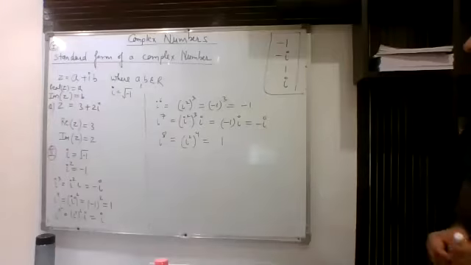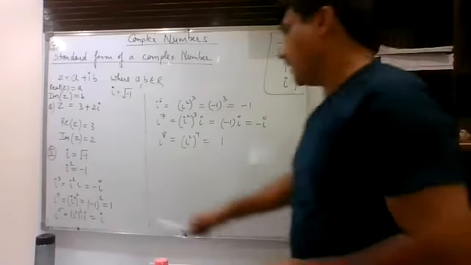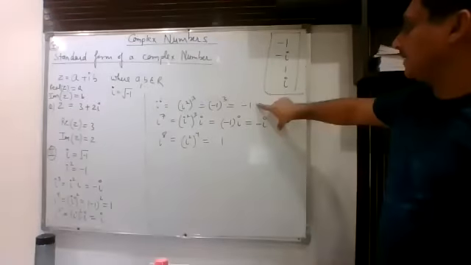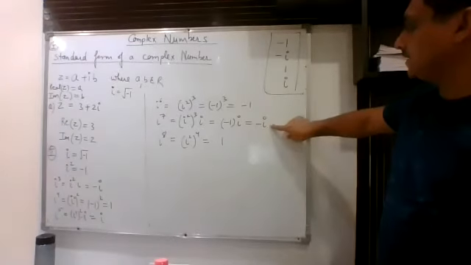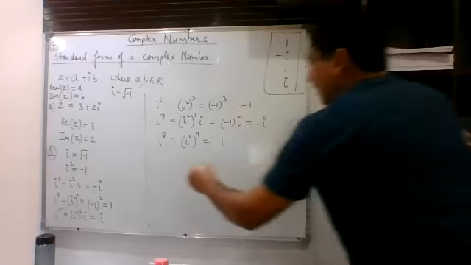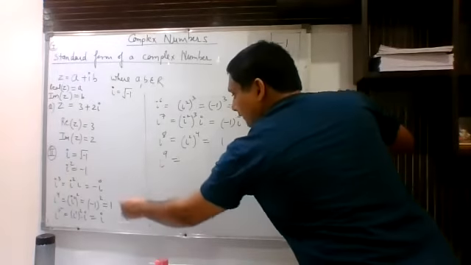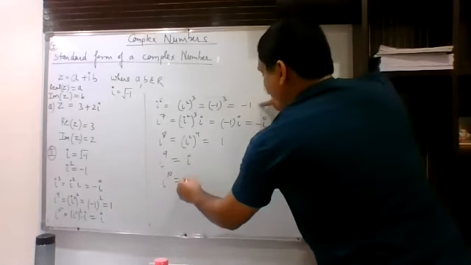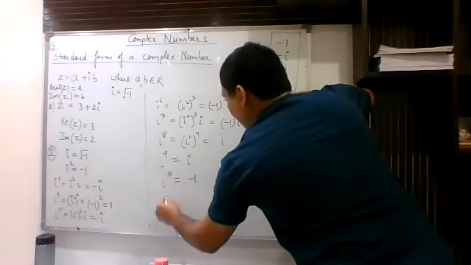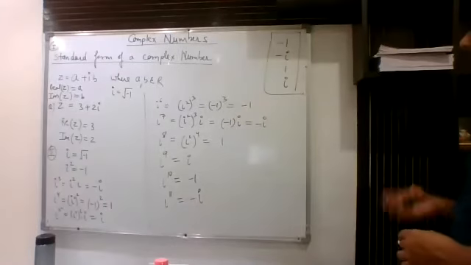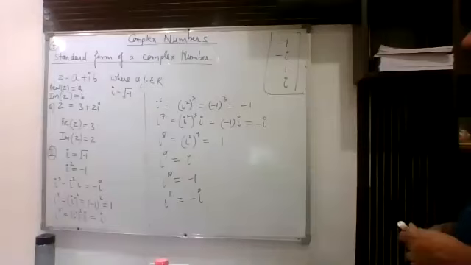Here you can observe that i to the power 4 is 1, then i to the power 5 is iota, i to the power 6 is -1, i to the power 7 is minus iota, then again i to the power 8 is 1, then i to the power 9 will be iota, i to the power 10 will be -1, and i to the power 11 will be minus iota. This cycle will repeat again and again.